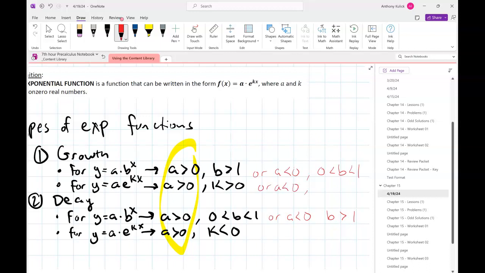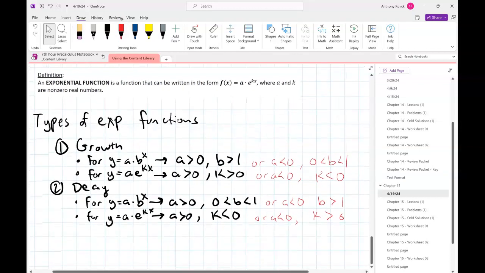Or in the case of the other form, if we let a be negative, then my criteria for the k flips. Is everybody okay? So it's a fairly easy way to just look at the equation. You can tell right away if it's growth or decay. Yes? All right.